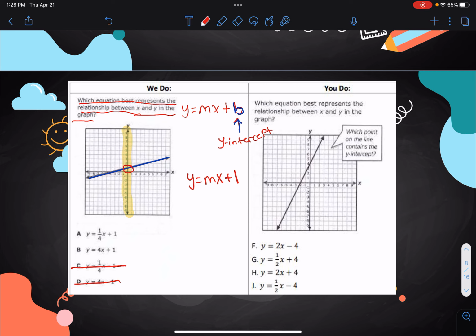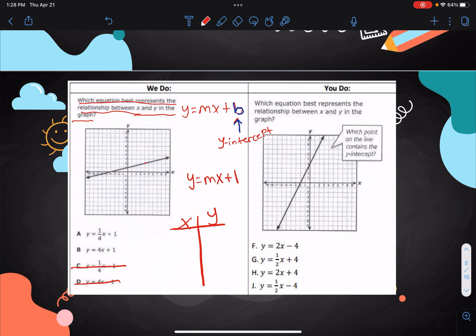So now we can use our graph to create a table to determine our rate of change. We have our x and y values. Okay, so I'm going to erase this stuff so that I can see my graph a little bit better. So my first point where the line crosses all four corners of the squares is here.